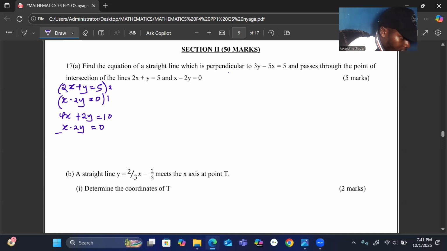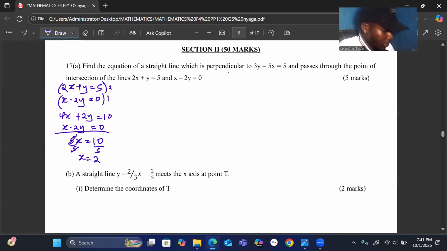We now add, so we shall have 5x is equal to 10, we divide by 5, so x will be equal to 2. That will be the value of x.